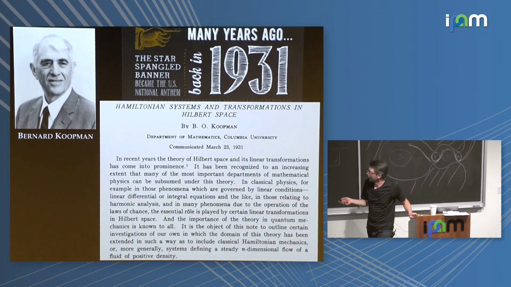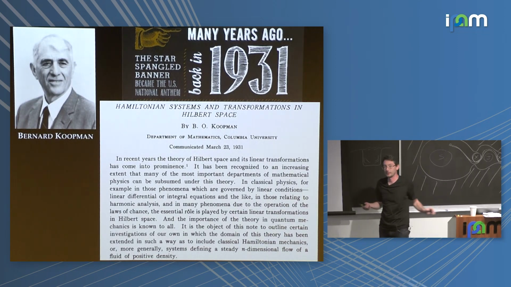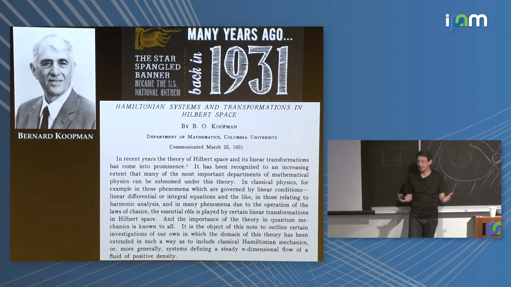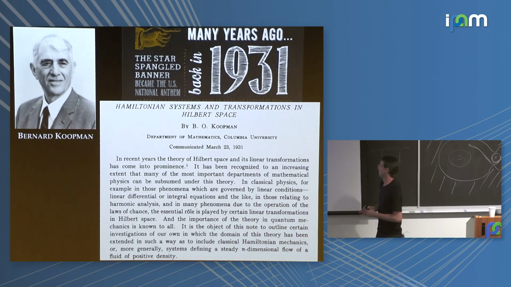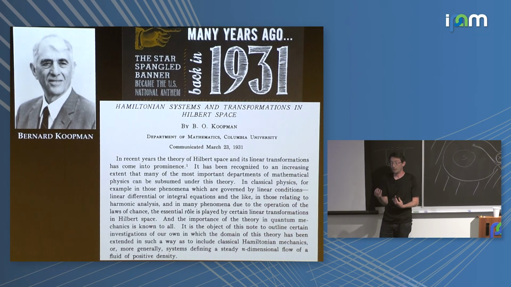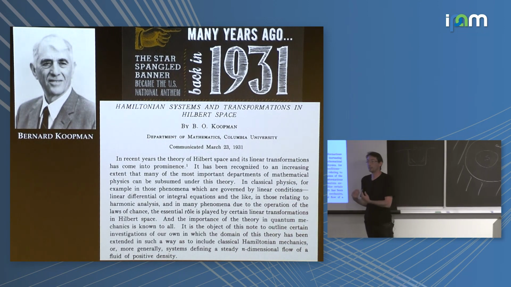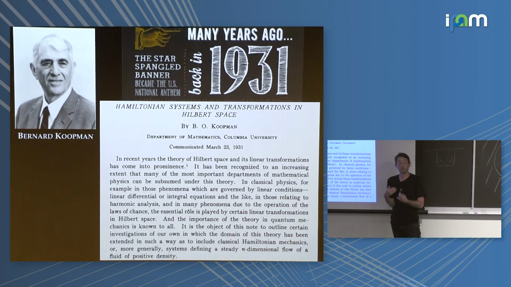In this paper, Hamiltonian Systems and Transformations in Hilbert Space, essentially what Koopman said, and I'm going to paraphrase terribly, is that if you have a nonlinear system in terms of a state, if instead you think about the evolution of the Hilbert space of measurement functions you could measure the state with, that evolves linearly along the dynamics.